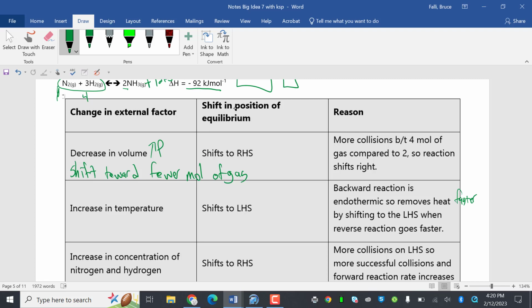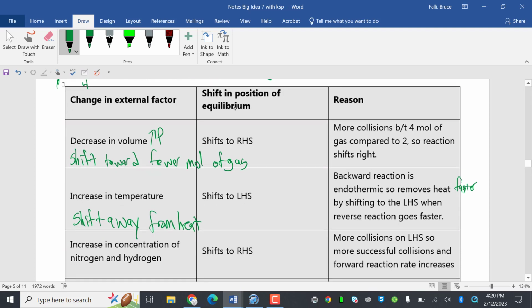Okay, so we're talking about this balance. So if you increase the temperature, it will always shift away from heat. Away from heat. Okay, so I know it's going to be away, but why? It removes the heat better.